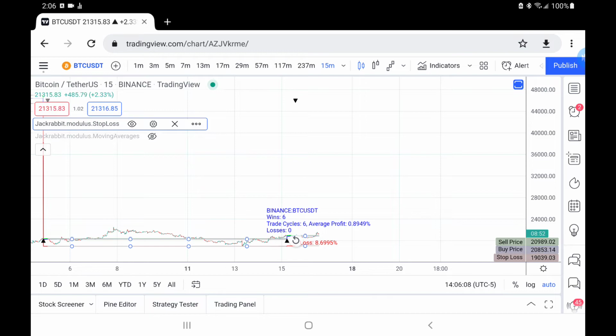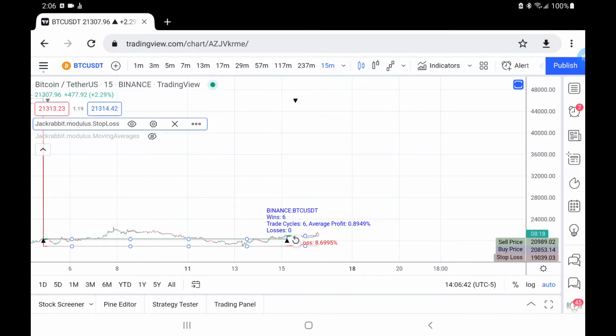For the last roughly 3 months of data, it has done 0.89% profitability. Of course, depending upon your fee exchanges, that will most likely be closer to 0.6% after you pay your fees. But still, this is an example of risk versus reward.